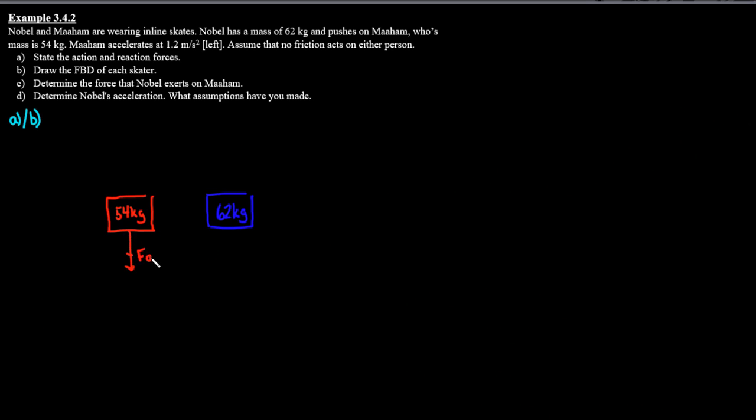And we know because they are on some surface, there is going to be a perpendicular force that is going to be equal and opposite to this force of gravity, that is the force of normal, that is going to cancel out the force of gravity. And we know this is true for both objects because we're not moving or accelerating in that direction. So we know that force of gravity and that force of normal are equal.